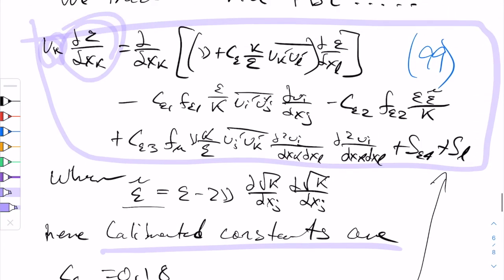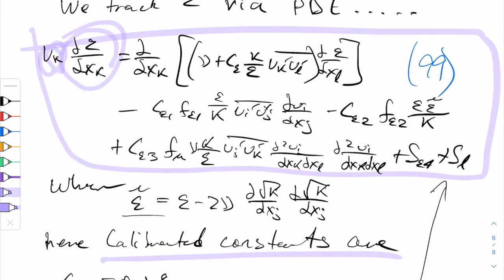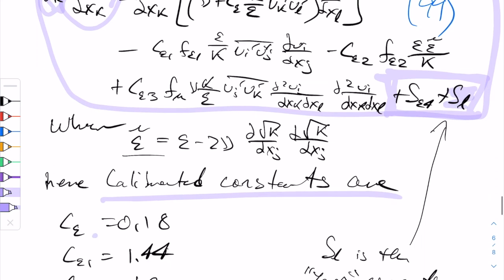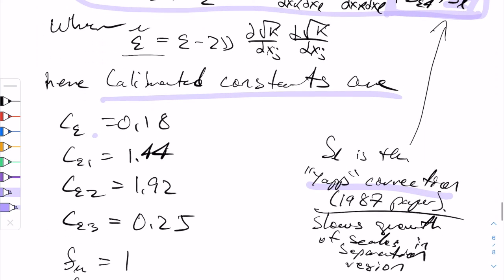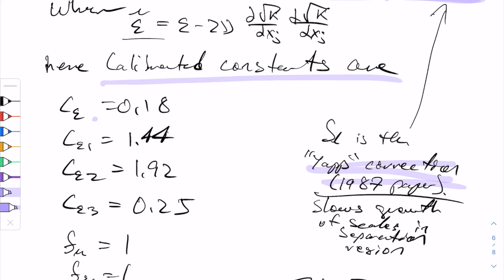You'll see there are particular terms added to equation 99 which aren't exactly physical. They're added to make corrections relative to data and capture better measurements. One is S sub L, and that is named after Yap. It's the Yap Correction Factor, which is well known, and that was produced in a paper in 1987.